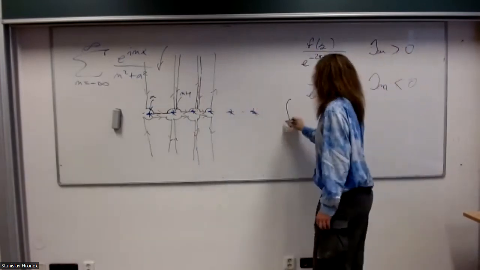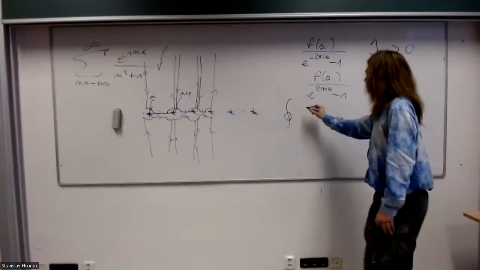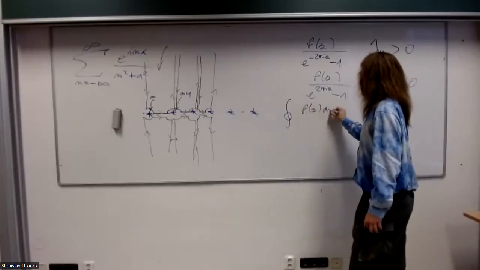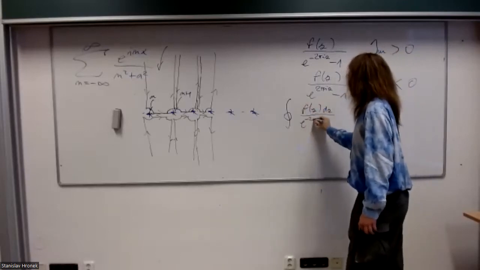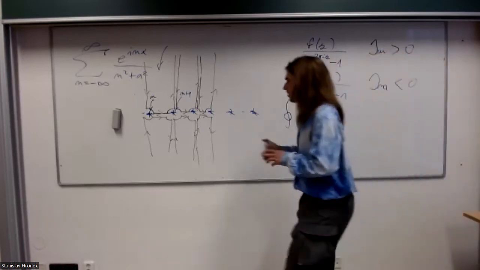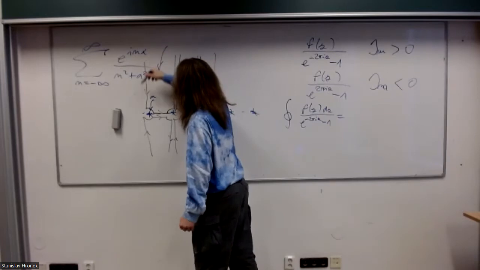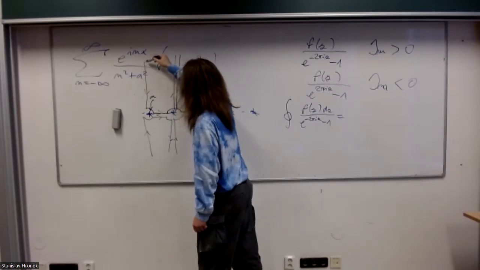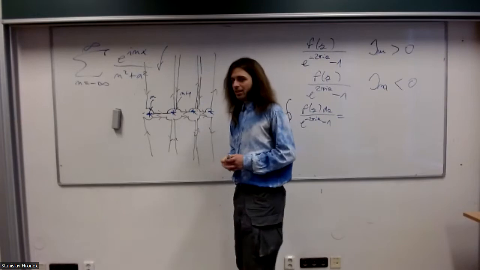So I will write down the integral of f(z) over this exponential. And now let's just make out what's going on here. First, we have the four sides of the rectangle.